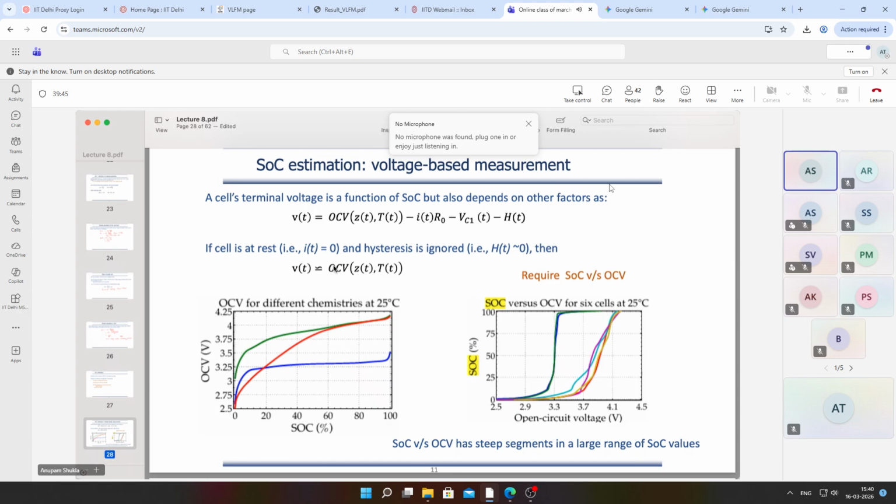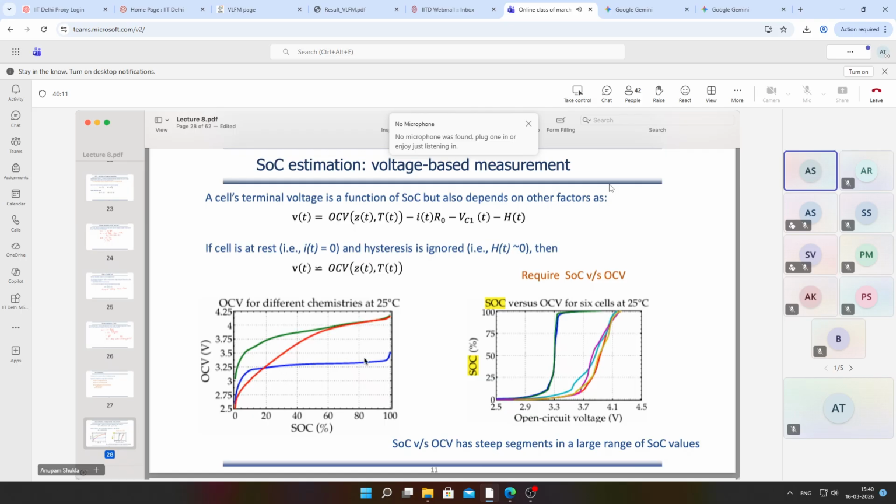Here, what we want to do is make use of this OCV measurement, or whatever is the terminal voltage, to get this Z, the state of charge. In the previous discussion on the equivalent circuit model, SOC was the independent variable on the x-axis, and OCV was the dependent variable on the y-axis.